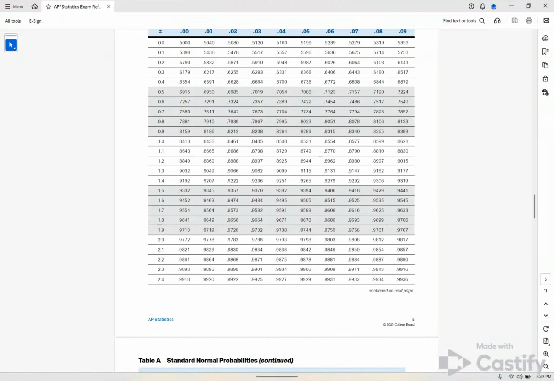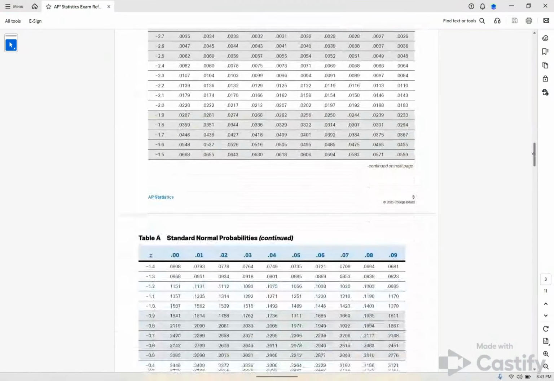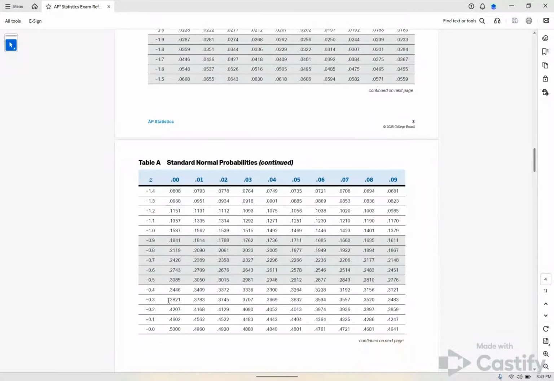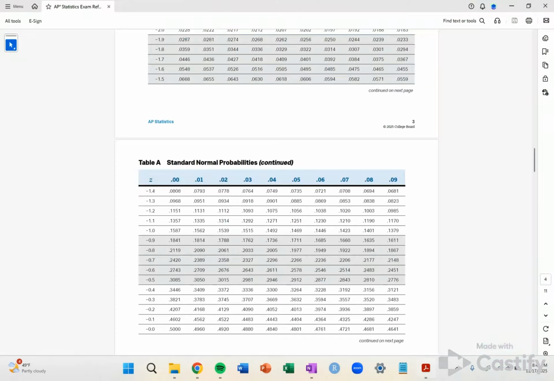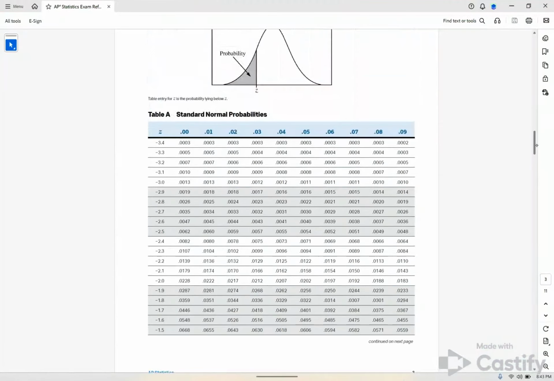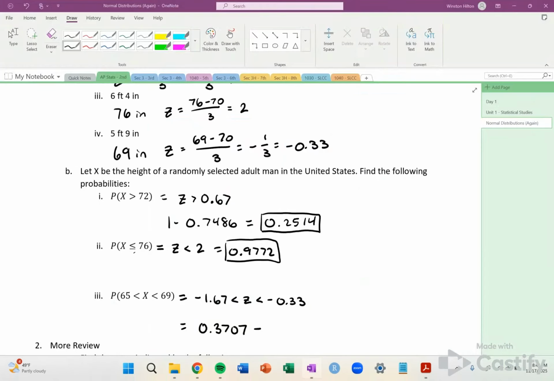So the area to the left of negative 0.33 right here, 0.3707, minus the area to the left of negative 1.67 is 0.0475.